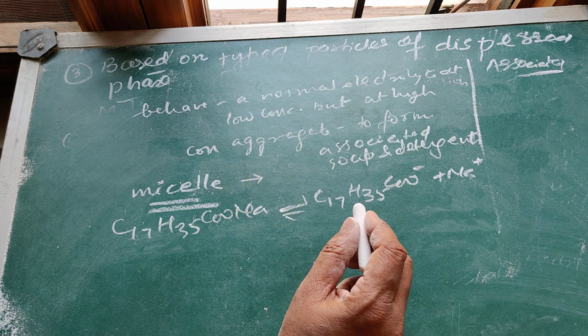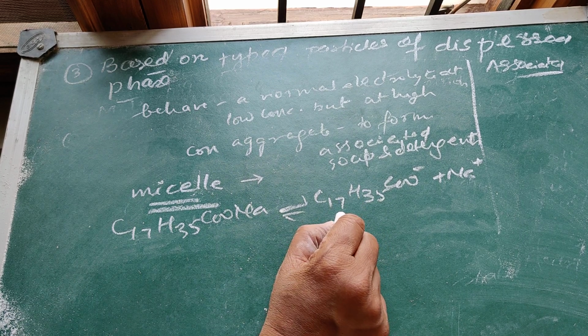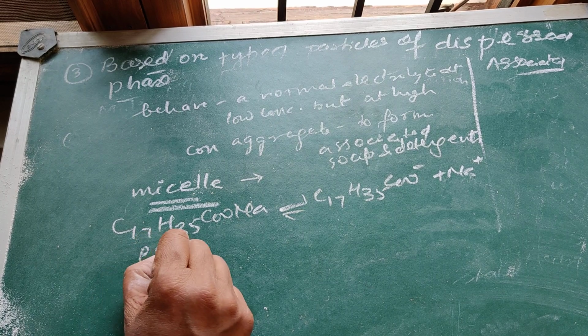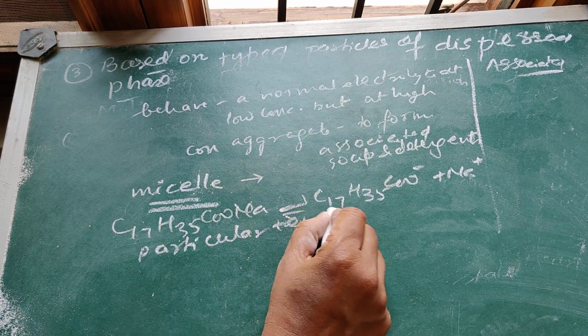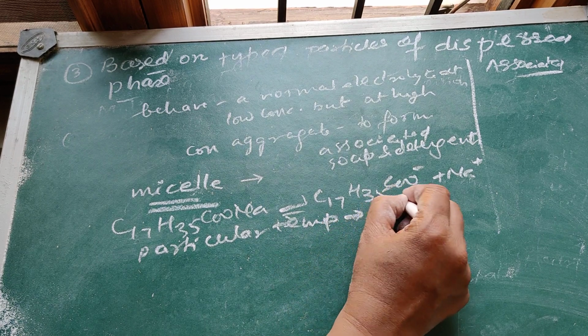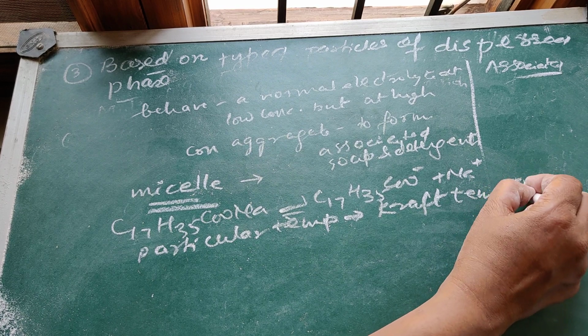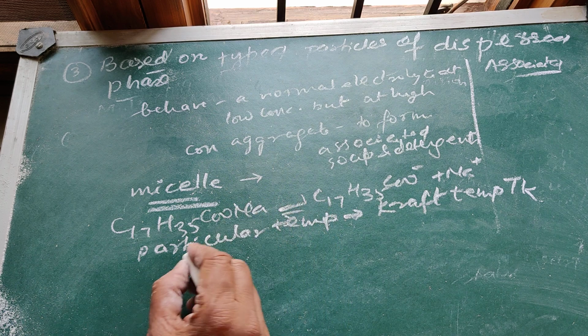Now formation of micelles takes place above a particular temperature. That is very important. Only above a particular temperature does the formation of micelles take place, and that temperature is known as the Kraft temperature, Tk.